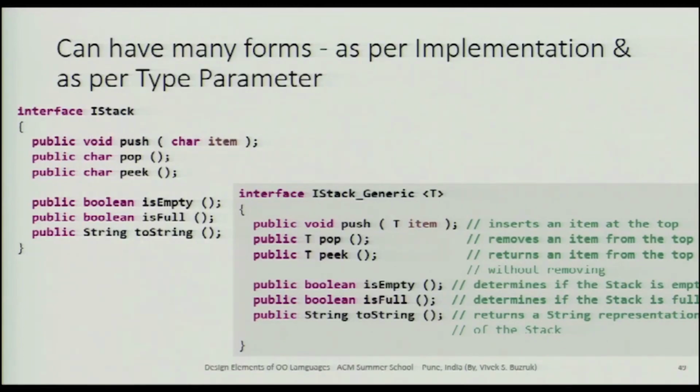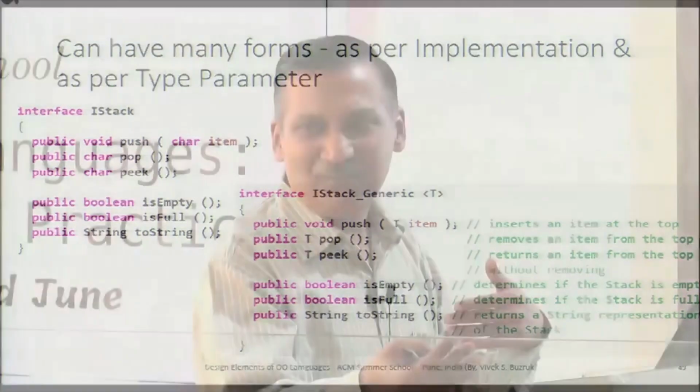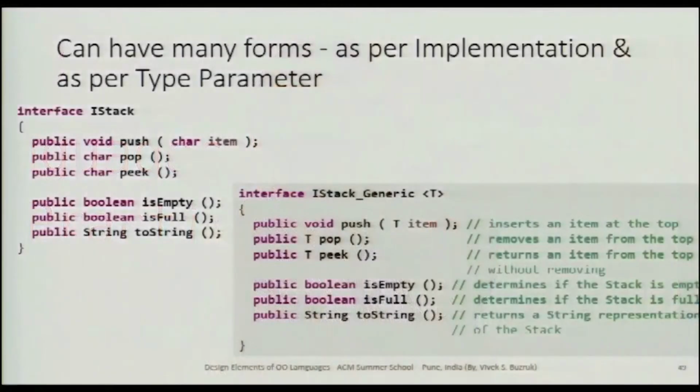So many forms will be only from the perspective of implementation, while the interface remains the same. So behavior will remain the same, but here we are defining that particular interface of T, which means I have more polymorphism really existing in a parametric way.